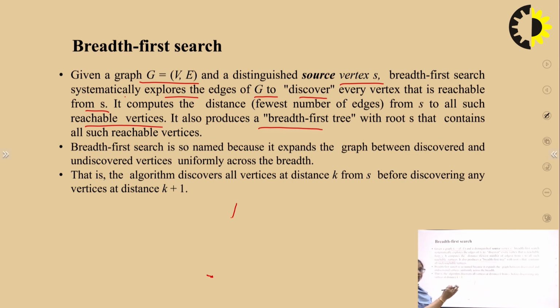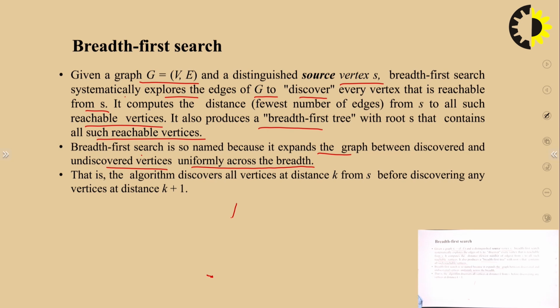It means it will start from S, then it will take its breadth-wise next level and then the next level. It produces a breadth-first tree with root S that contains all such reachable vertices. Its name is breadth-first search because it expands the frontier between discovered and undiscovered vertices uniformly across the breadth.